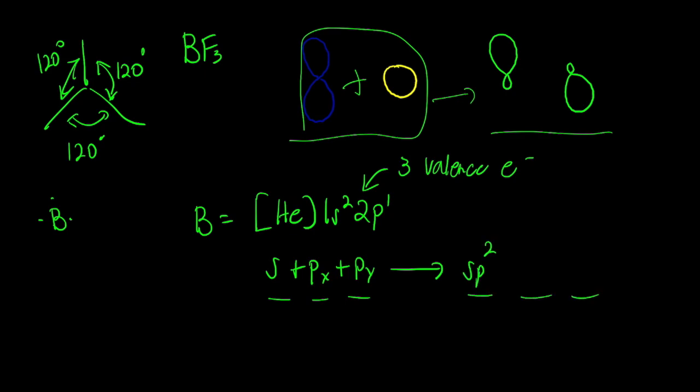You end up with sp², sp², sp². And they don't really have labels for these that I know of. So they're all equivalent, degenerate, and they're pointing in different directions. They're all going to be pointing into the corners of a triangle.